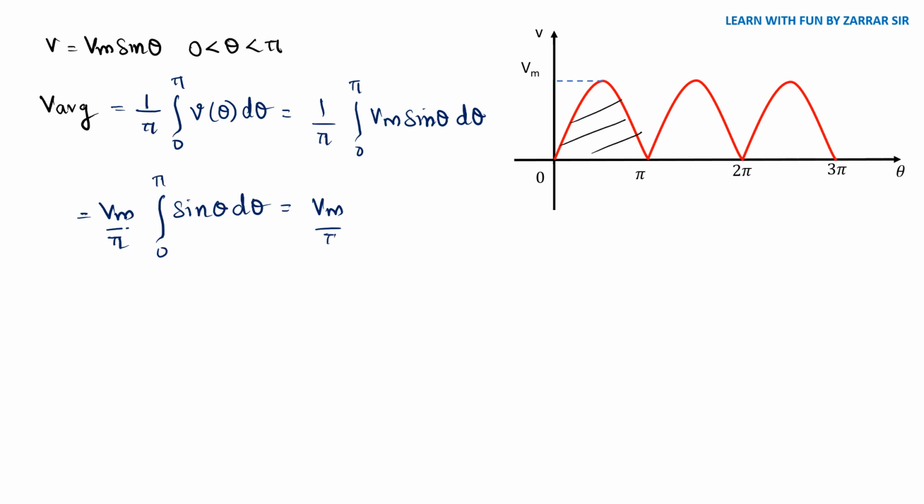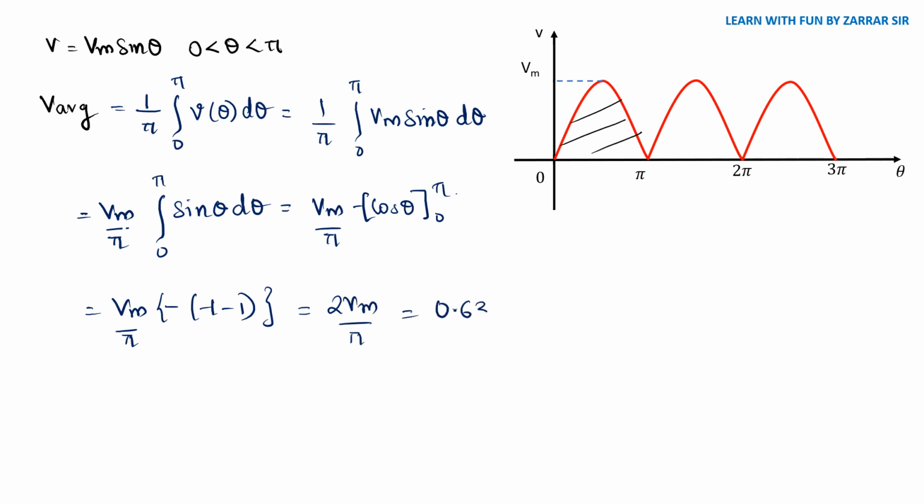So Vm by pi, integration of sine theta is minus cos theta. Let's put minus outside, 0 to pi. Vm by pi, same story. Minus of minus 1 minus 1, because cos 180 is minus 1 and cos 0 is 1. So it is minus 2, and it turns out to be 2. So again 2 Vm by pi, which you are aware is 0.637 Vm.